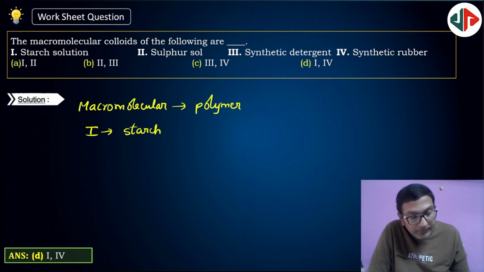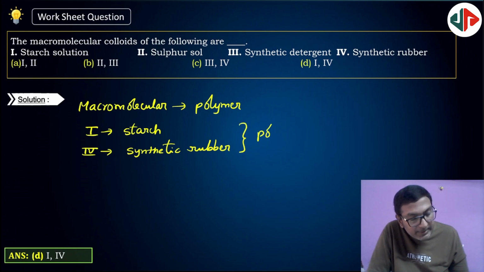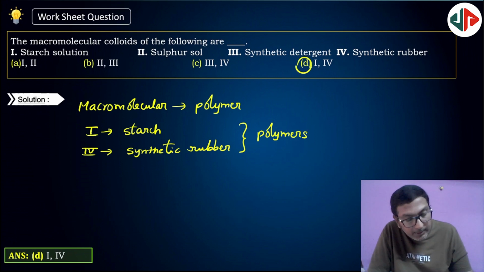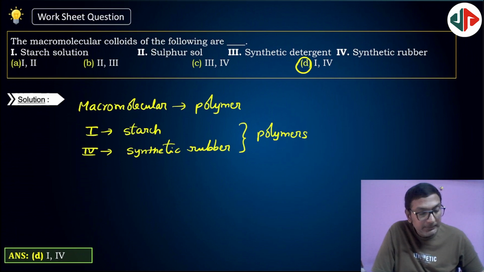And synthetic rubber. So these two are polymers or macromolecular. Therefore option D. Next.